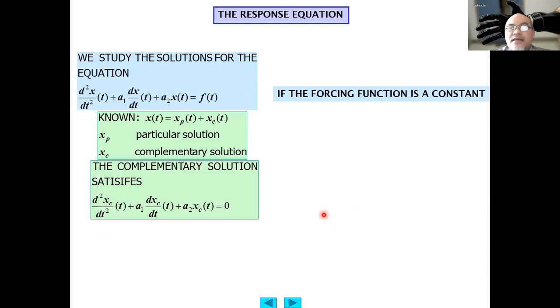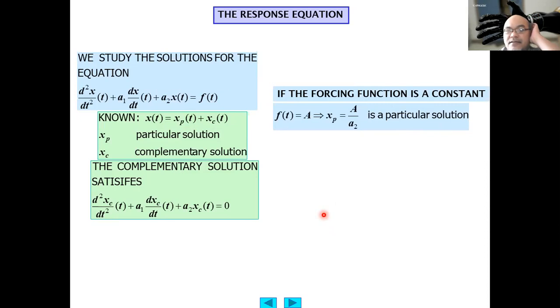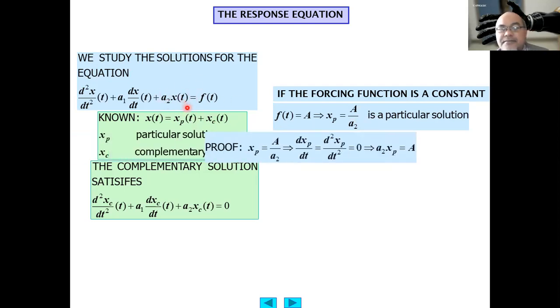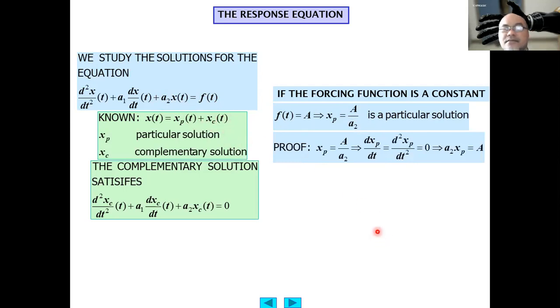If the forcing function f(t) is a constant a, for example, then xp, the particular solution, will equal a divided by a2. a2 here is the coefficient of the zeroth order term, the x(t). The proof is, when the forcing function is constant, xp equals a over a2.